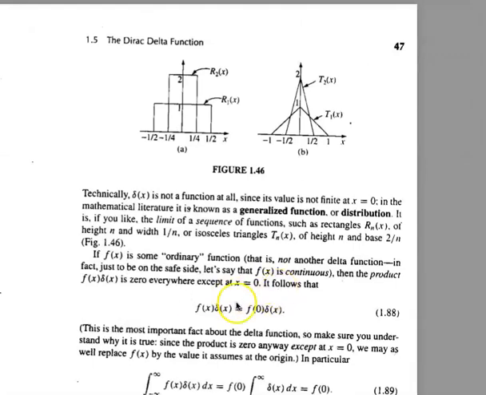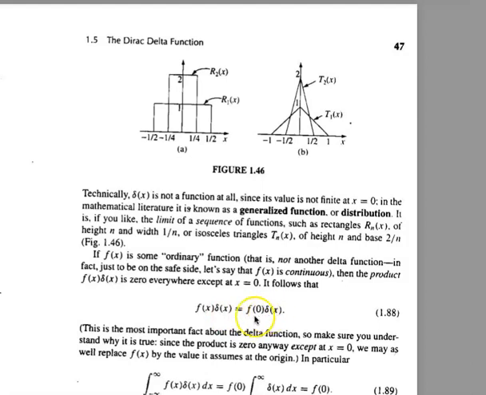And so let me go on to this statement that is important. Since the delta function relative to the origin is 0 everywhere except at the origin, any regular function f times the delta function, you can put f at x equals 0 times the delta function, because the delta function is 0 everywhere else.